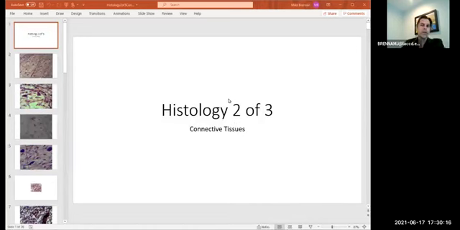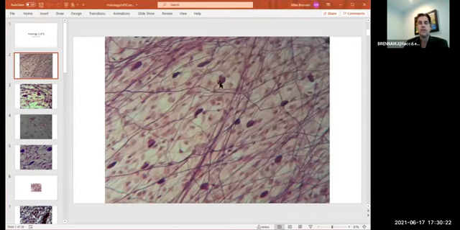A library of images. I would walk through everyone in the lab if we had time. So areolar connective tissue: the dark purple things that are skinny are elastic, and the thicker, very faint apricot, peach, pinky orange things in the background, you can make them out if you look closely, are collagen.